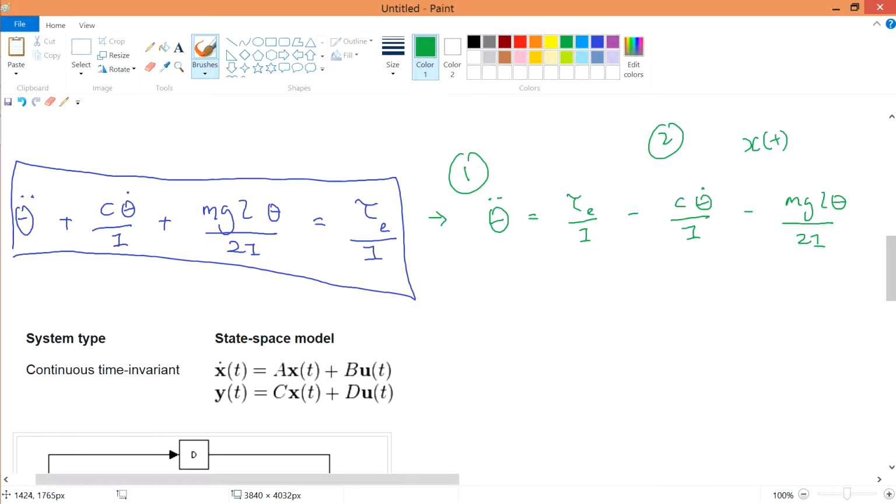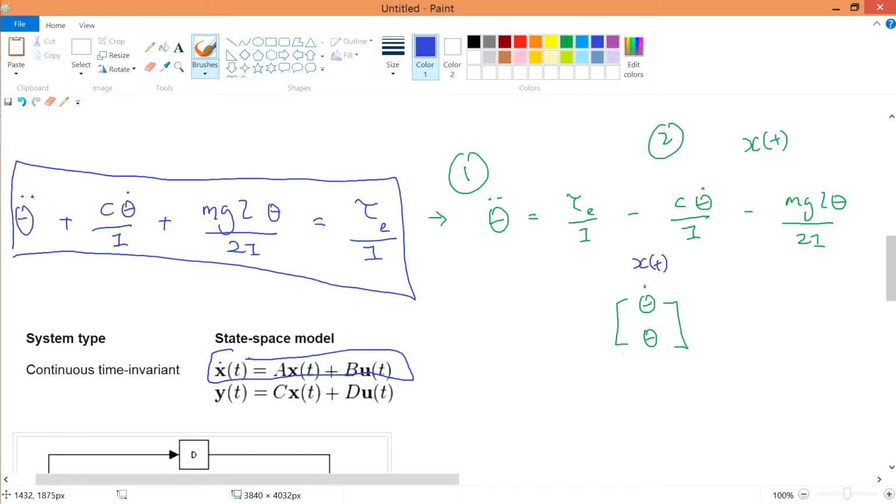For now, if you don't understand anything, it's okay. I'll write it down later and you will get the full picture. So I'll label this as x(t), and this only applies for this first equation.